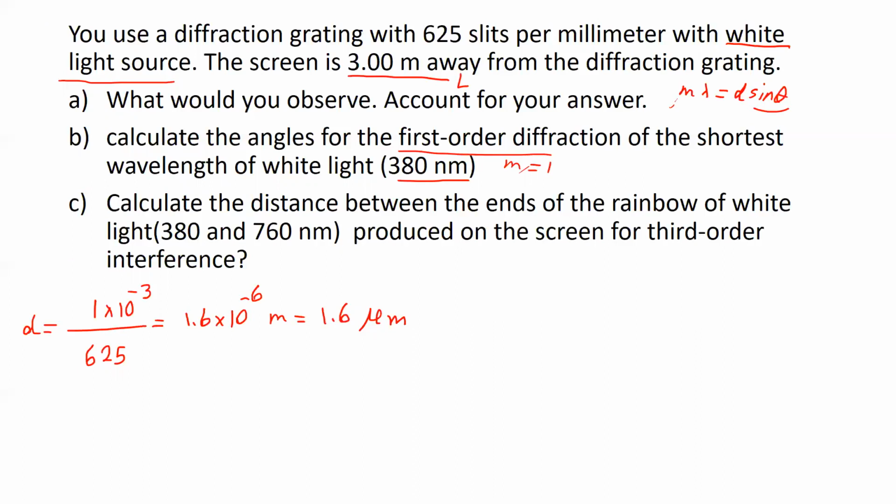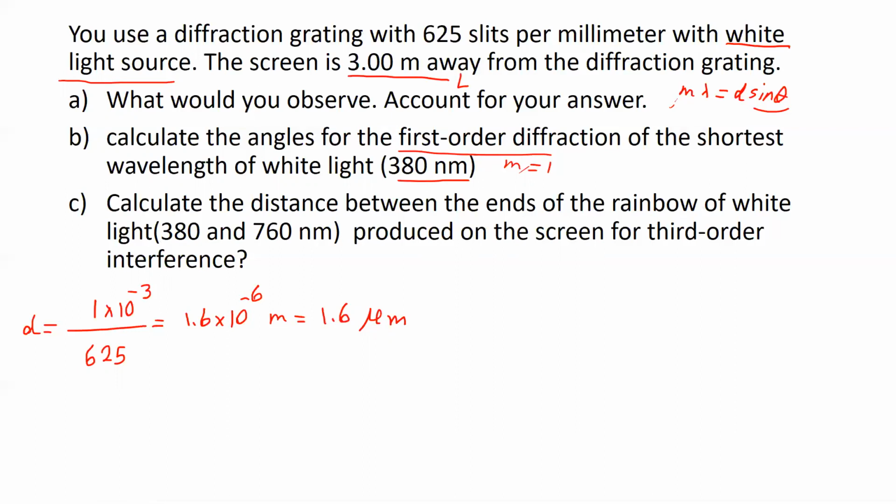Right now let's go through the third part of the question: calculate the distance between the ends of the rainbow of white light. What does it mean? Except for the central maxima, which is white, on both sides we see a pattern like rainbows, because the diffraction grating can separate different colors.